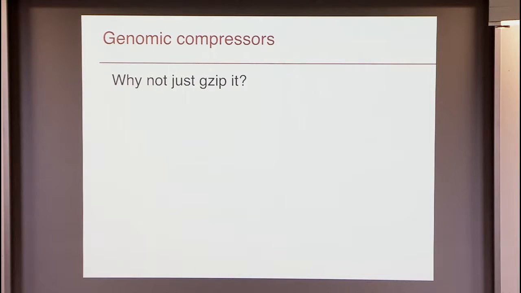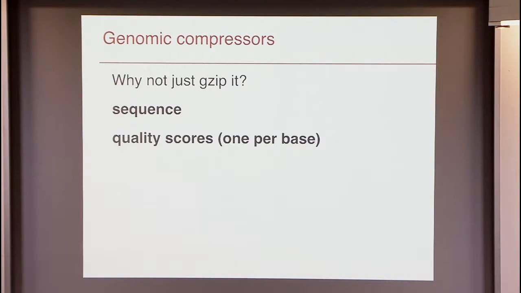But really, there are different kinds of data we're interested in compressing. There's sequence data, and there are also quality scores if we're talking about next-gen sequencing read data. And there's one quality score per base.